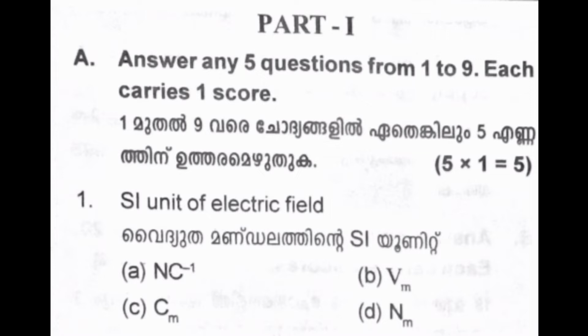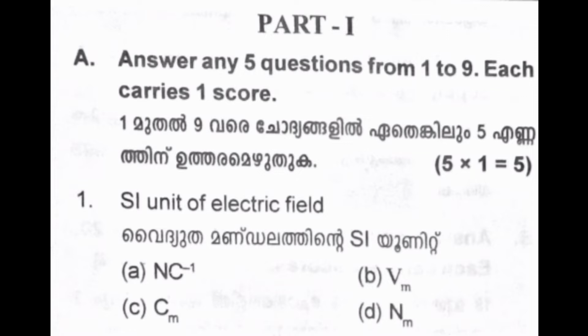The first question is: SI unit of electric field. Options are A. Newton per coulomb, B. Voltmeter, C. Coulomb meter, and D. Newton meter. Here we have to find the unit of electric field. What is the equation for finding electric field?